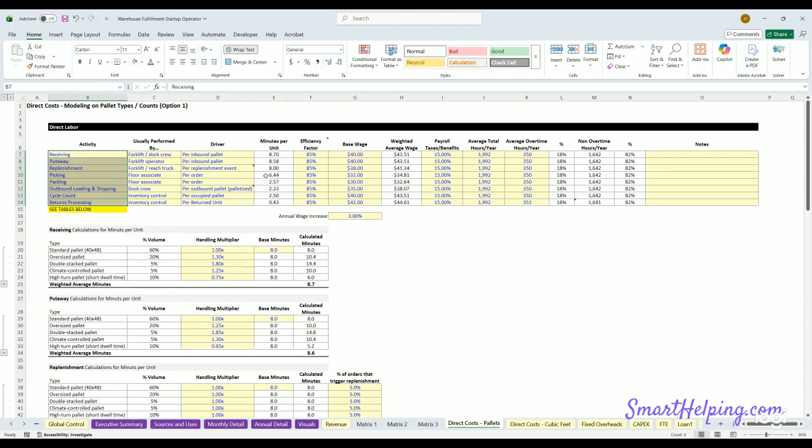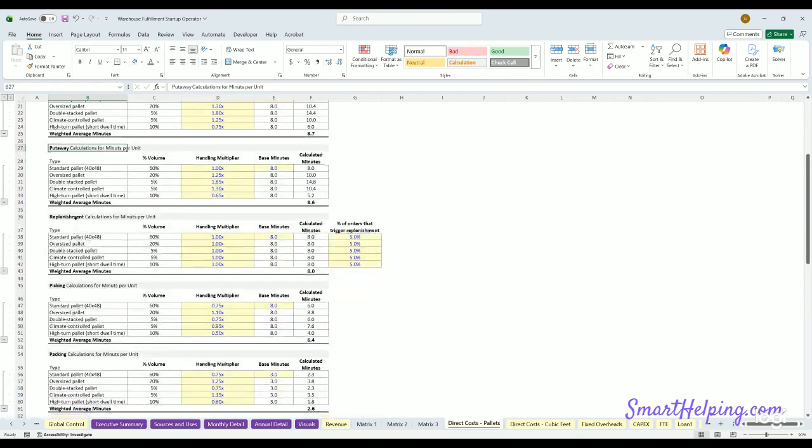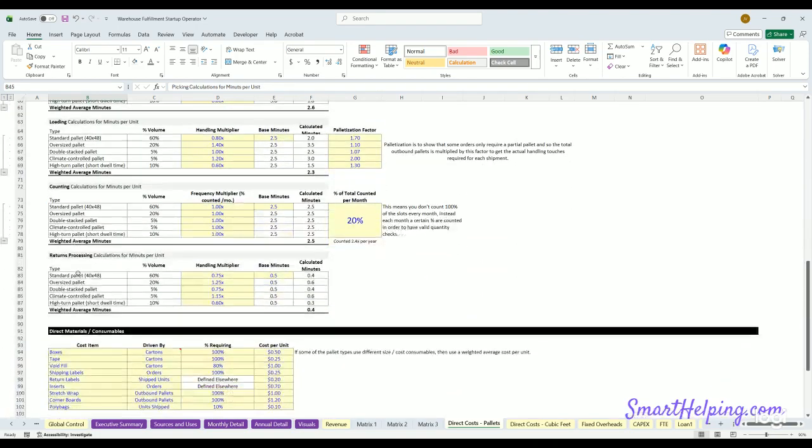And then to get headcount, we just do the total amount per year divided by 12 against the total hours per month, and that gives us our monthly headcount. Now, for each of these, before I get into them, I've put minutes per unit, and since there are different pallet types, they may take different minutes to process for receiving, put away, replenishment, all these different assumptions.